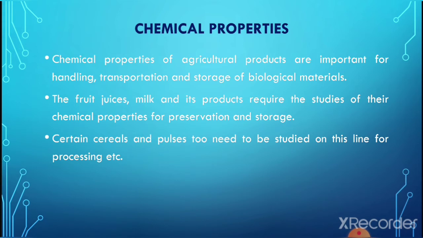So in order to preserve them or to transport them from one place to another place, we must know the chemical composition or chemical properties of that biological material so that we can preserve it, or by value addition we can increase its shelf life. So certain cereals and pulses also need to be studied along this line for processing etc.